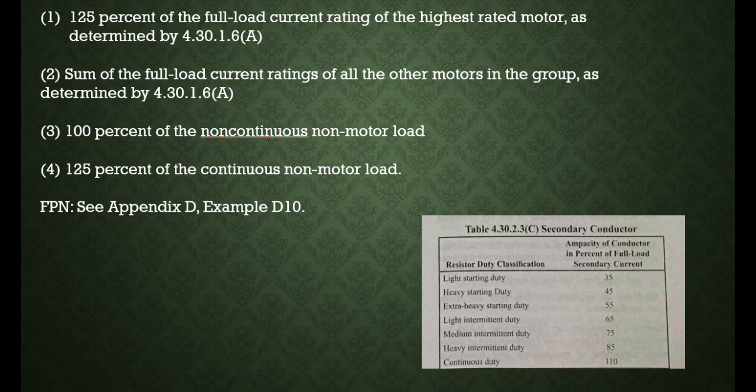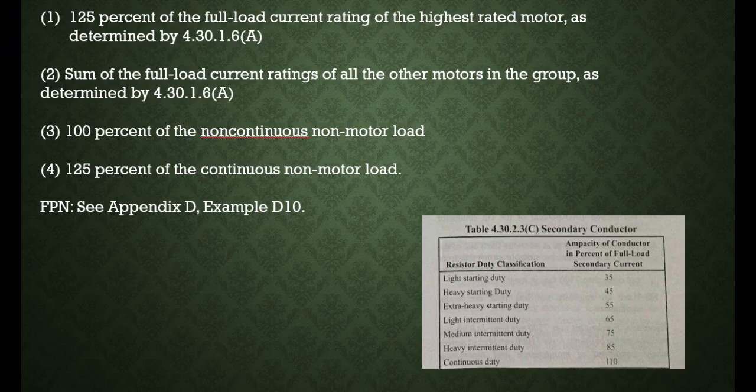Sum of the full load current ratings of all the other motors in the group as determined by 4.30.1.6a. 3. 100% of the non-continuous non-motor load. 4. 125% of the continuous non-motor load.